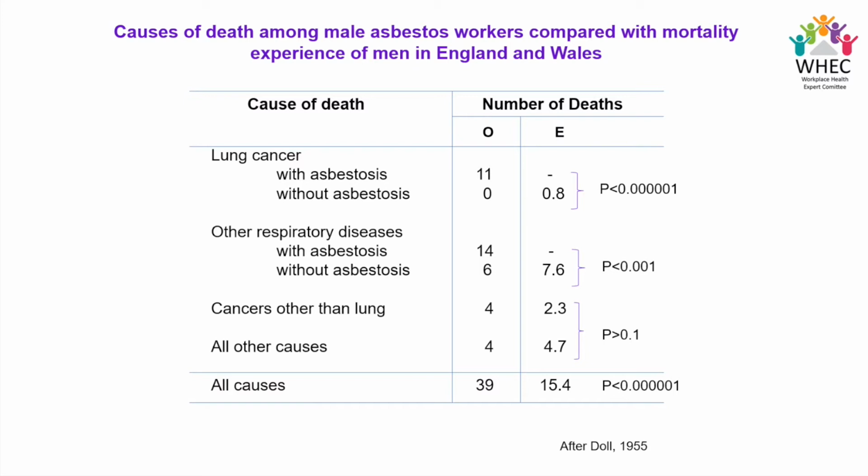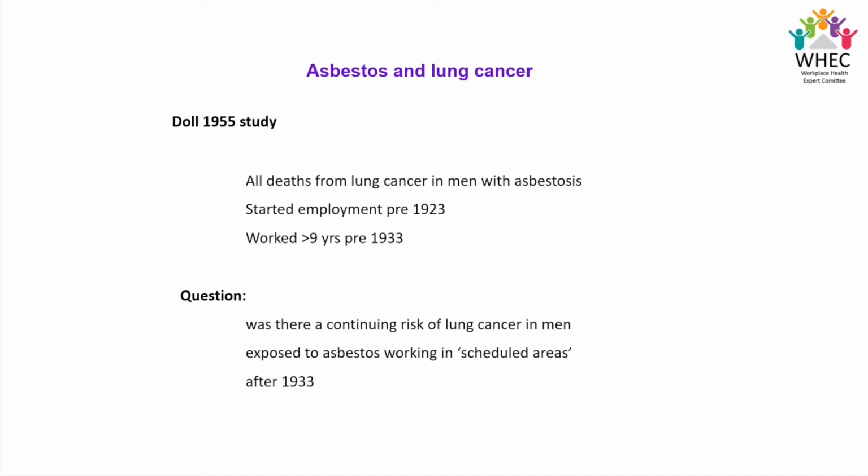You'll also see that there is an increase in other respiratory diseases due to asbestosis. So overall, the risk of death in this working population, compared to what would be expected, is more than twice as great due to the development of asbestosis and lung cancer.